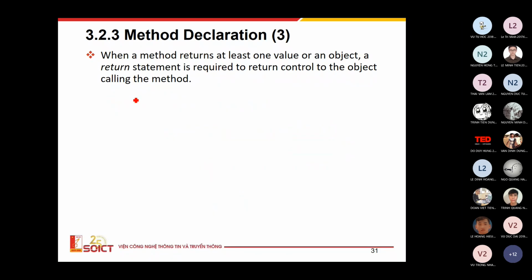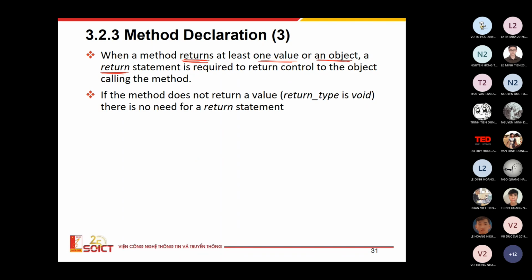Yes. So here, when you want to return something, at least one value or object, you will use a return statement in the code block. And if the method does not return a value, the return type you use is void. There's no need for the return statement.